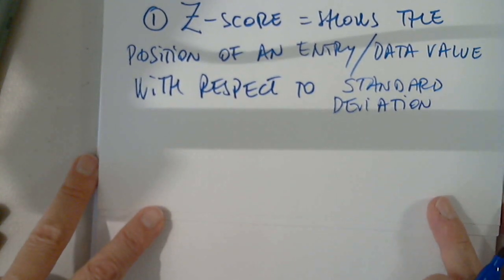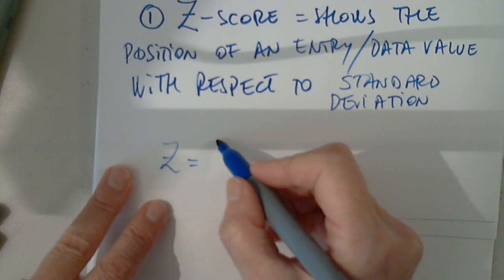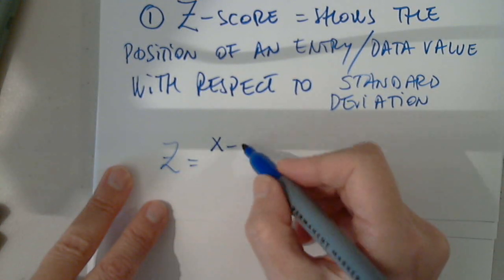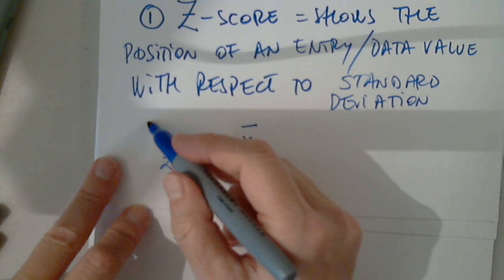Relative to standard deviation, if that's better for you. So then the z-score is any entry minus x bar divided by the standard deviation of the sample.